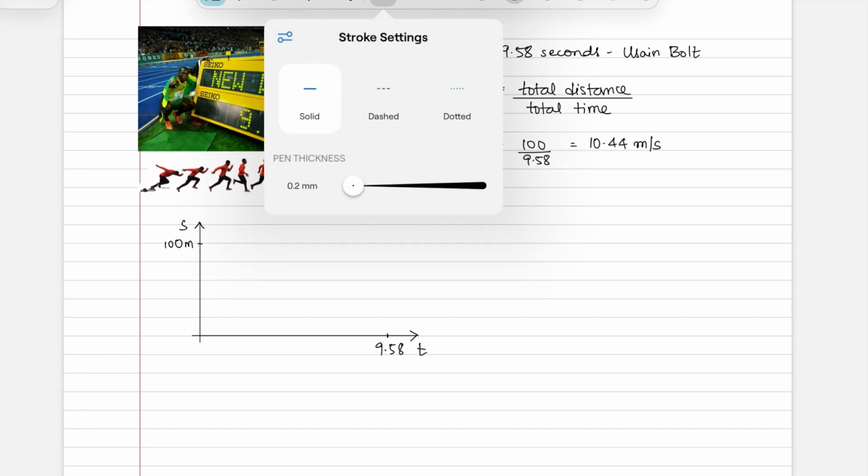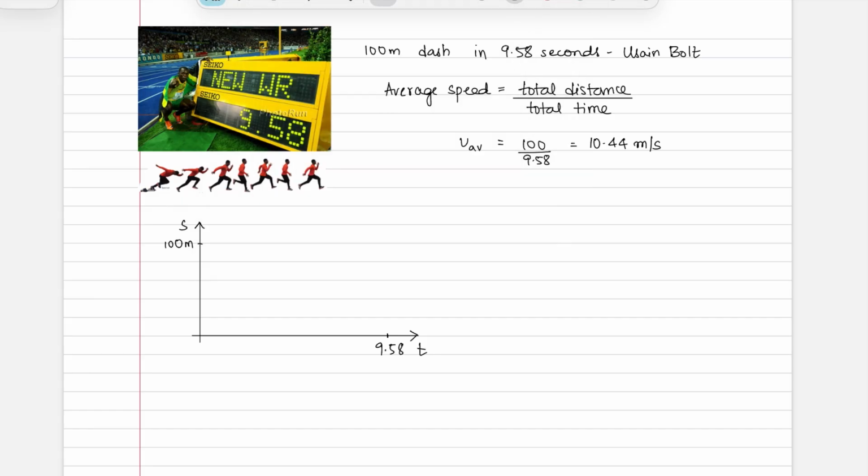Presently, all we have is a data point here: 100 meters in 9.58 seconds. But if we had more information and were able to plot it, then maybe that plot looks somewhat like this.